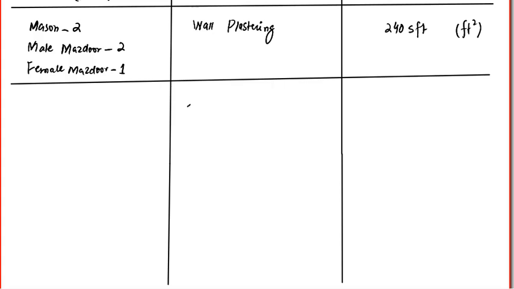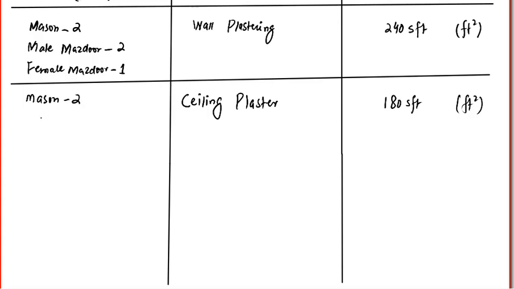And then if you are doing ceiling plastering, and the quantity is, let's say, 180 SFT or square feet, then for this quantity you may need 2 masons, male mazdoor or male labor will be 3, and female mazdoor or labor will be 1.